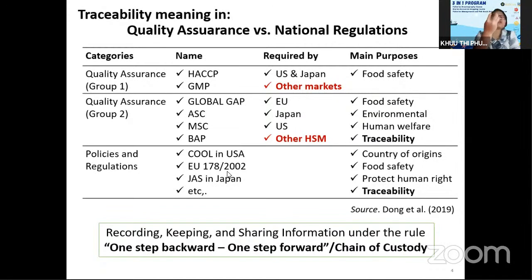And those quality assurance certifications will be based on the regulations or requirements issued in national laws, to specify and indicate in the quality assurance certifications.